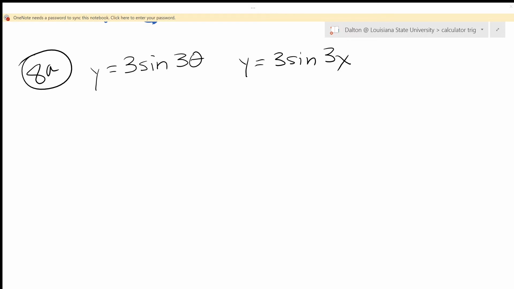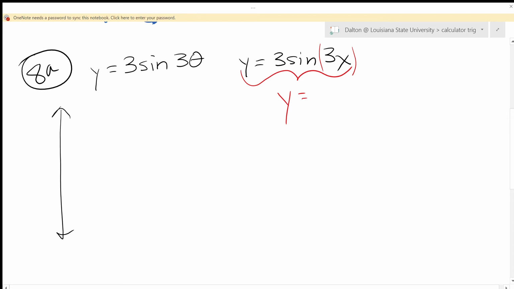So after you clear your calculator, go ahead and type it in, where the x value is inside along with this 3, the sine of 3x. And while y'all are typing that in, I'm going to sketch out an x and a y axis to match the one that's on our paper.